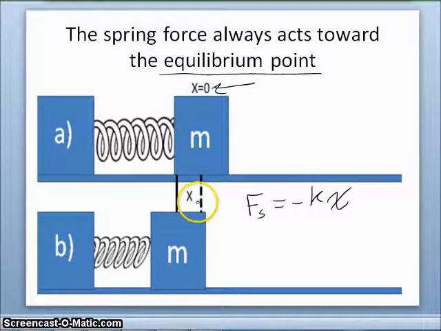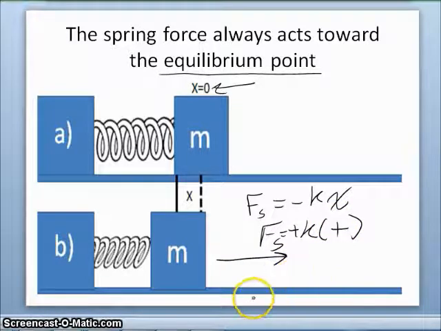Since we compressed it some distance in, our x is negative in this case, and with the negative sign, the force we generate is going to be positive and in the outward direction. Okay? So the spring always acts toward the equilibrium point, away from the direction you either compressed it or stretched it.